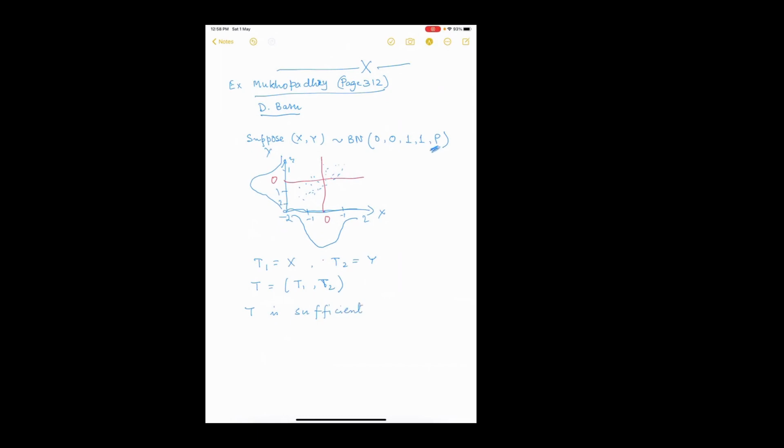I know the exact value of mu X, mu Y, sigma X and sigma Y. What I don't know is the correlation. Now T is a sufficient statistic for rho. Can you argue that?